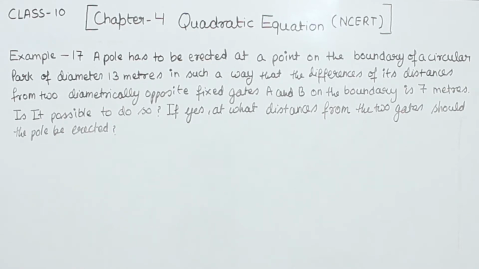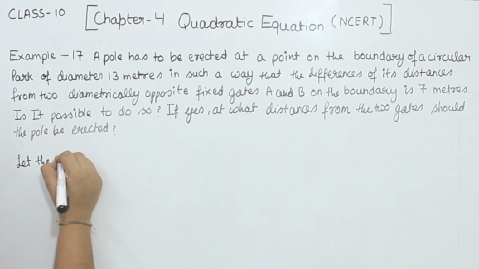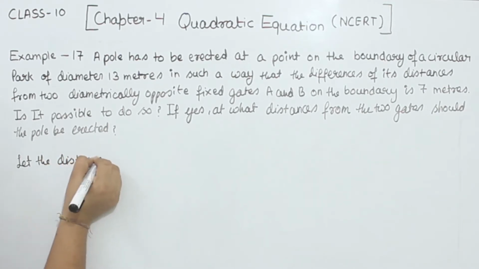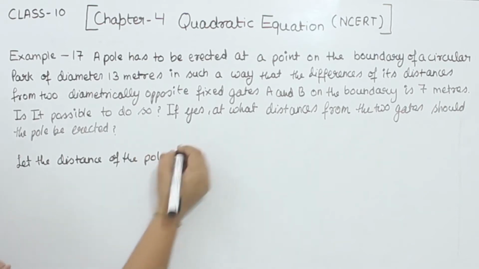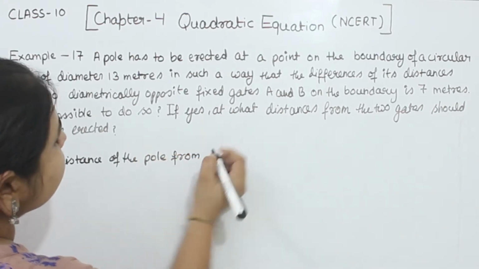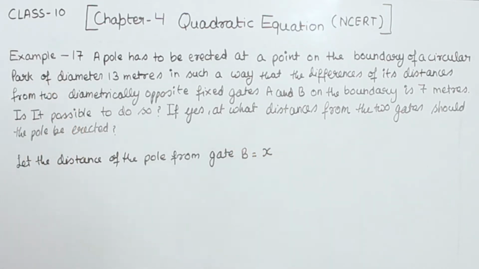If yes, at what distance from the two gates should the pole be erected? First of all, let the distance of the pole from gate B be x.